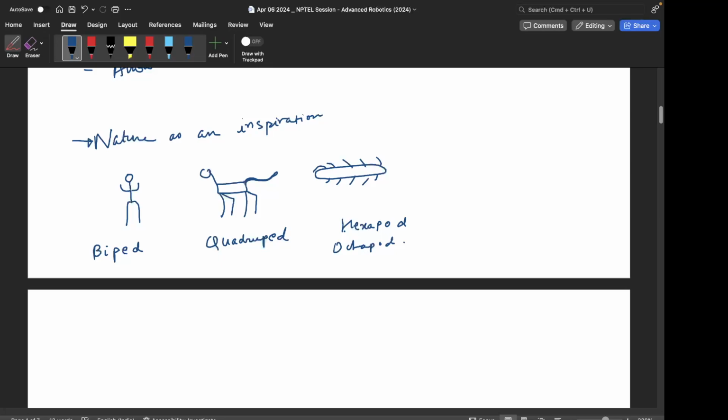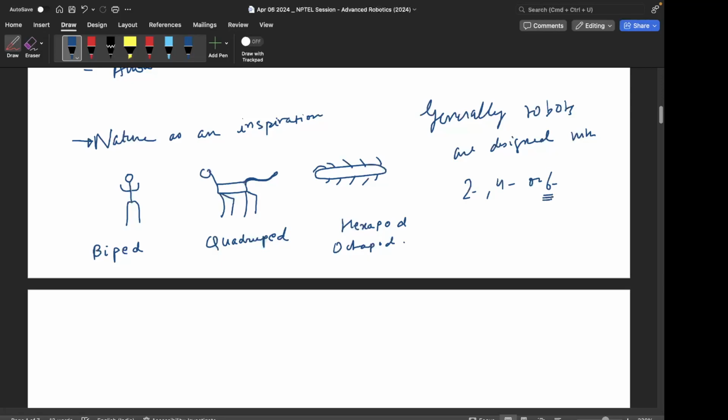It should not be so difficult to control that the use becomes very limited, right? So we mostly come with either two legs or four legs or six legs, right? Generally robots are designed with two legs, four legs, or six legs.